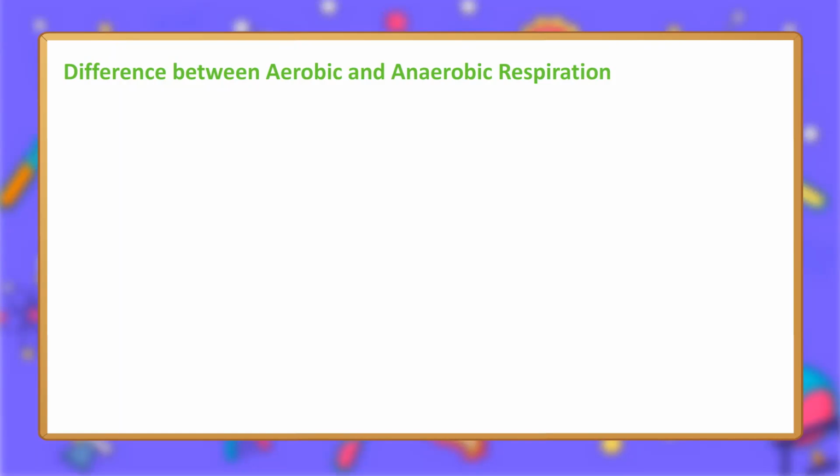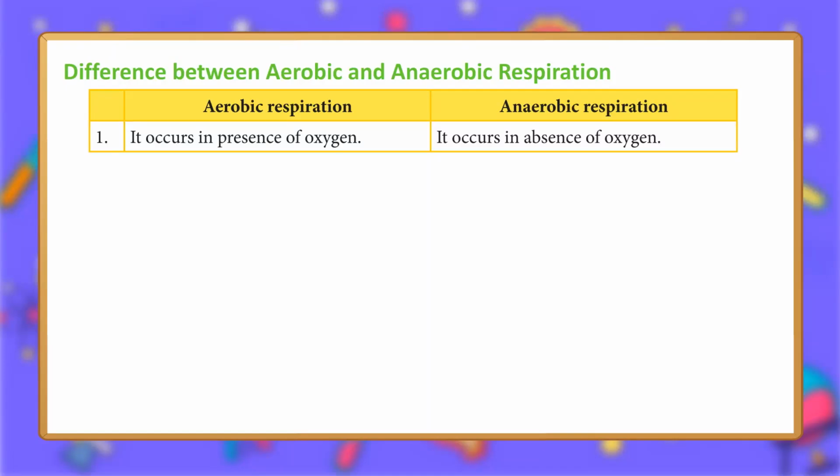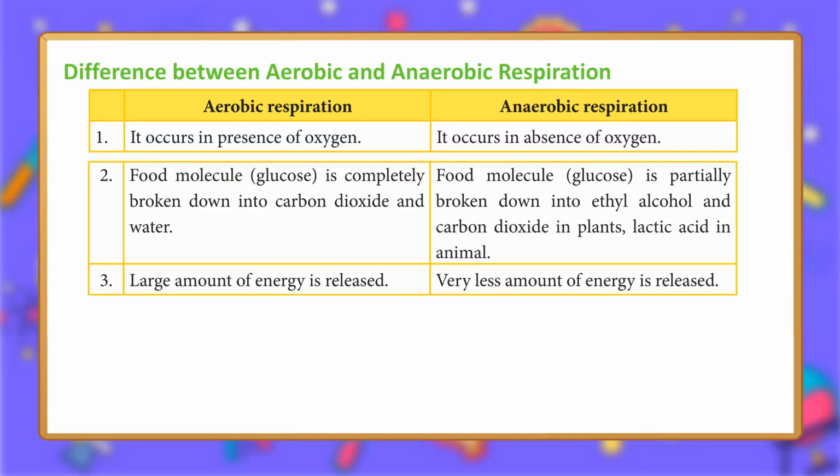Difference between aerobic and anaerobic respiration. Aerobic respiration: 1. It occurs in the presence of oxygen. Anaerobic respiration: It occurs in the absence of oxygen. 2. Food molecule, glucose, is completely broken down into carbon dioxide and water.